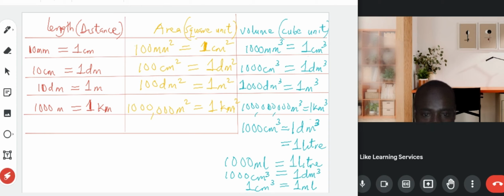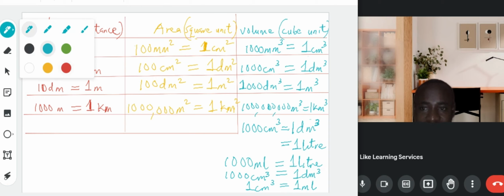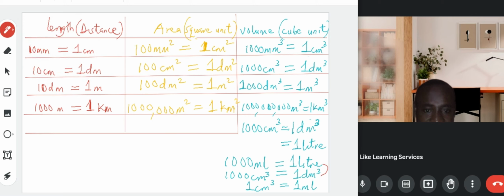Yes, 1 centimeter cube is equal to 1 milliliter, because 1,000 of this gives this, and this is the same thing as this. They are the same.